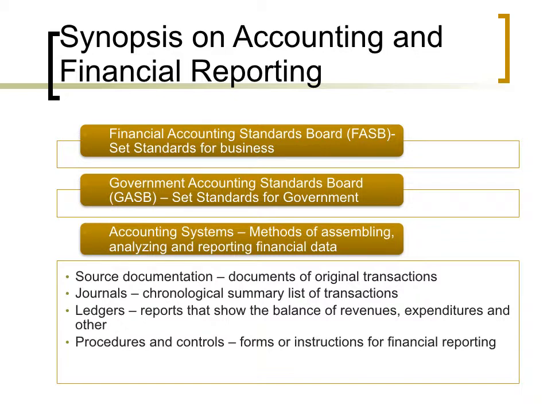Source documentation basically refers to the original transactions as they occur. Journals, of course, are recordings of those transactions in chronological order, and ledgers basically are reports that show the balances and revenues regarding fiscal transactions.